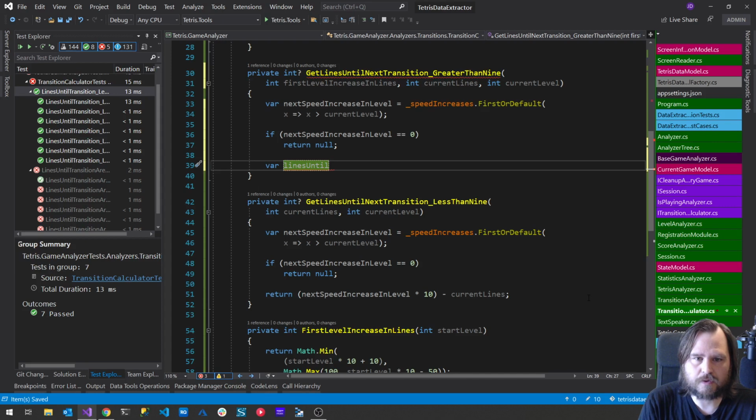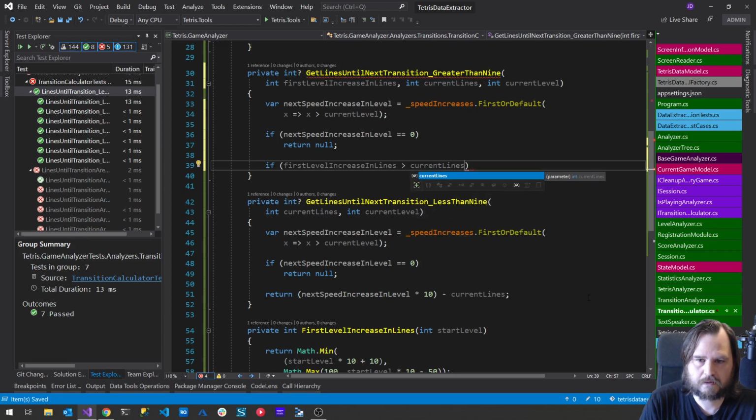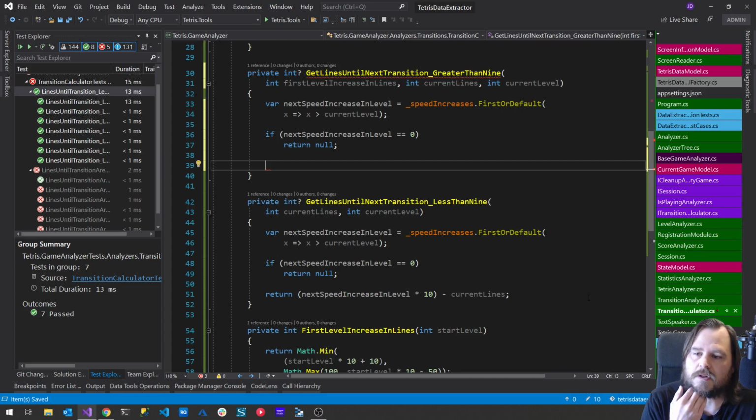First level increase in lines is greater than current lines. Okay, what I'm going to do is lines from first increase to speed increase.